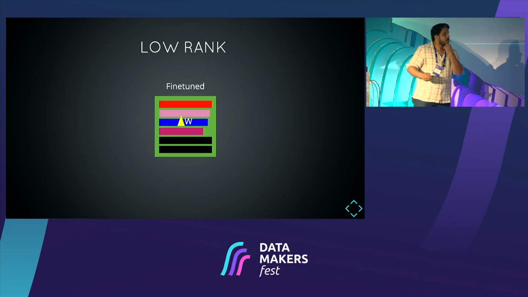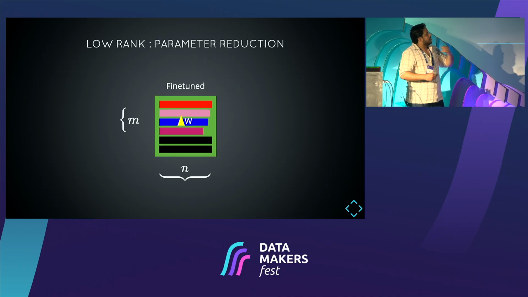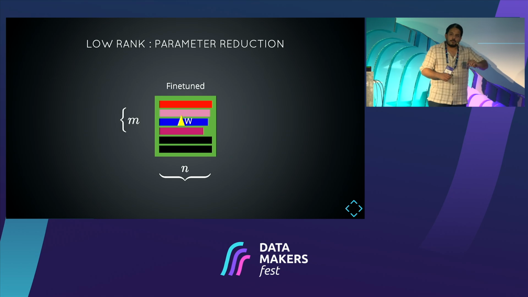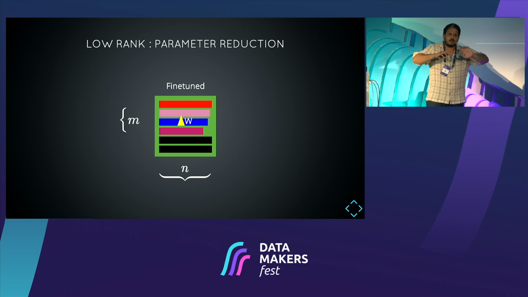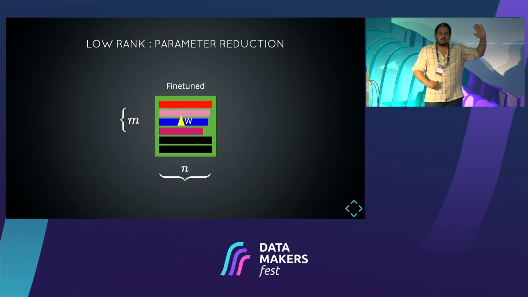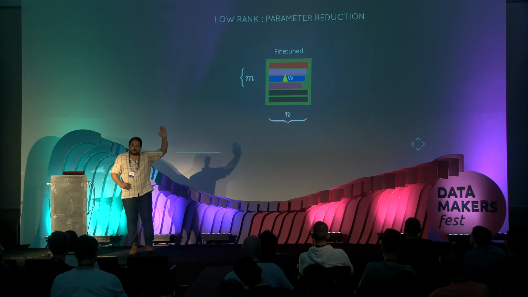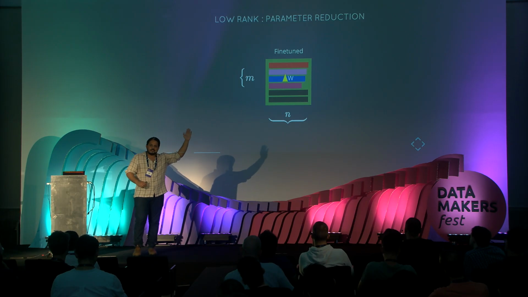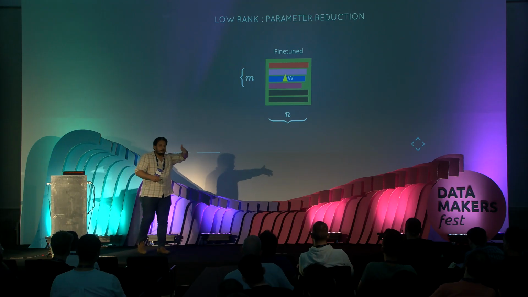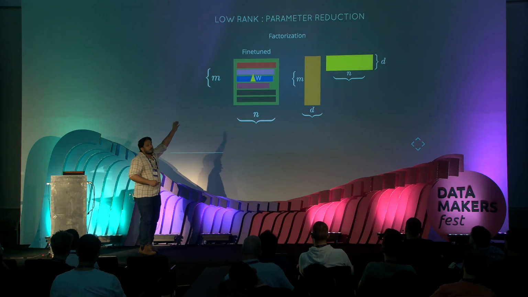What you can do now is, let's say this was M by N, and we want to do a parameter reduction. So we want to get rid of quite some useless information here. How can we do that? How do you reduce the number of parameters in a matrix? Any ideas? Sorry? Voila. So we have factorization.